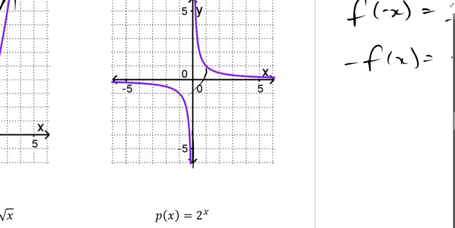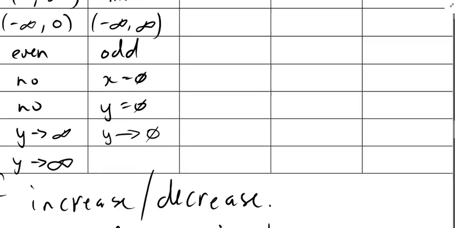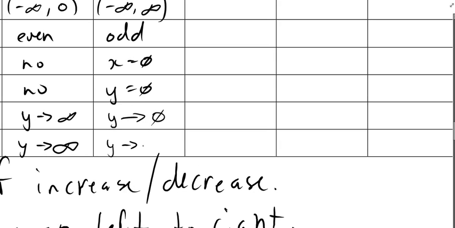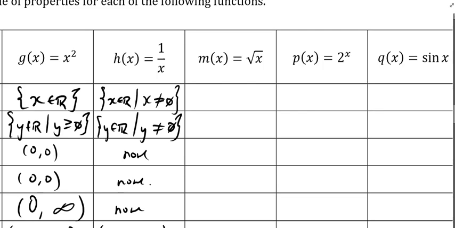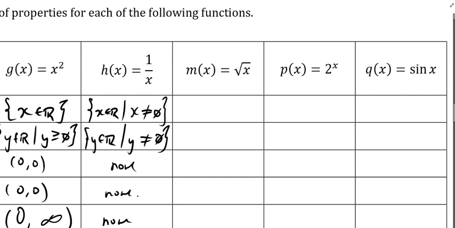Again, y approaches 0, from the bottom this time. In this case it's approaching 0 from the top, and in this case it's approaching 0 from the bottom. That is an actual notation we use, but you don't need to worry about it yet. We do that in a unit way down the road.